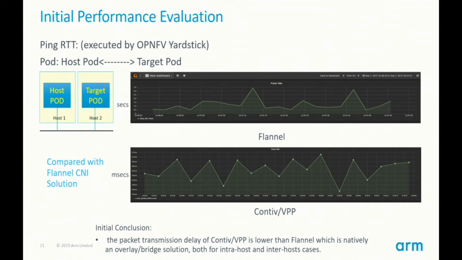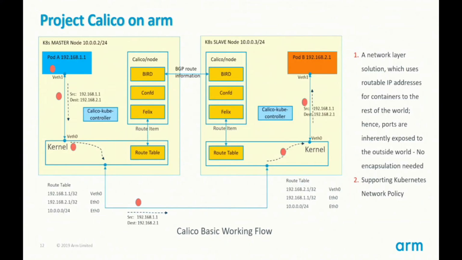And for Fnano, which is a native overlay solution, but Contiv VPP is a direct DPDK-based solution. Another available container network solution is Project Calico. Calico is very widely used today, and has many desired features.